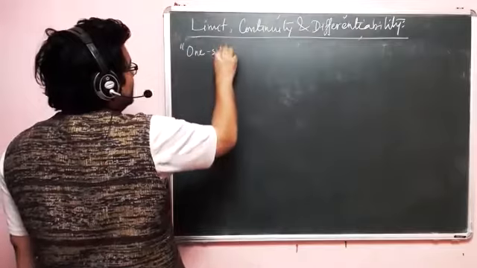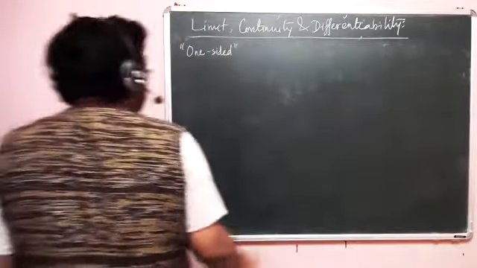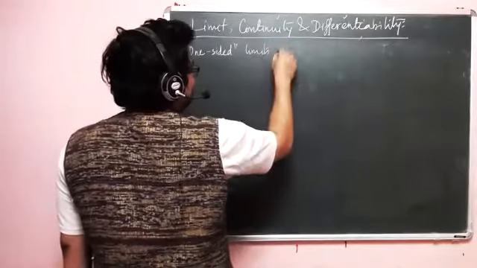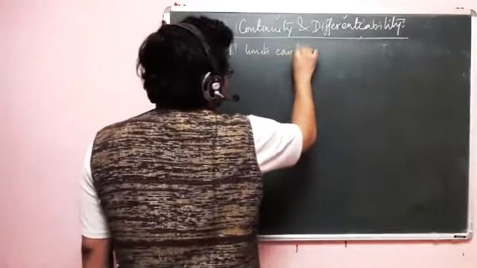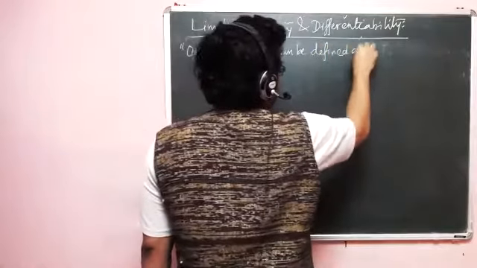So one-sided limits, as you may call them, can be defined as follows.